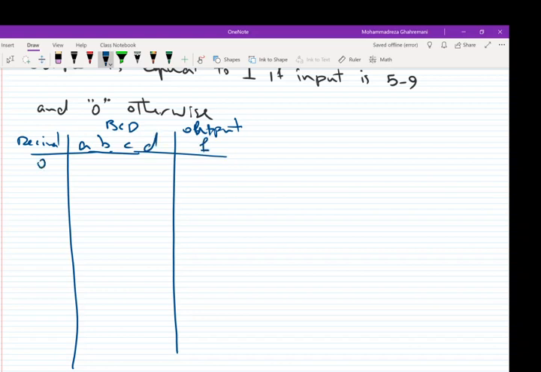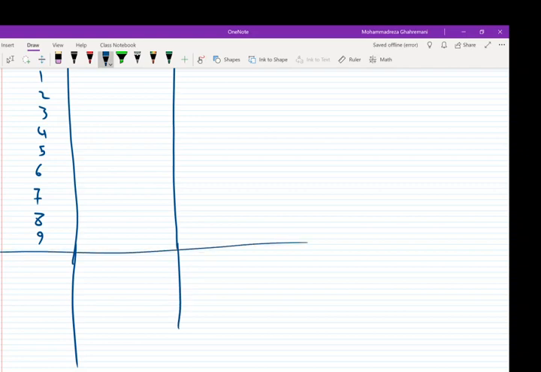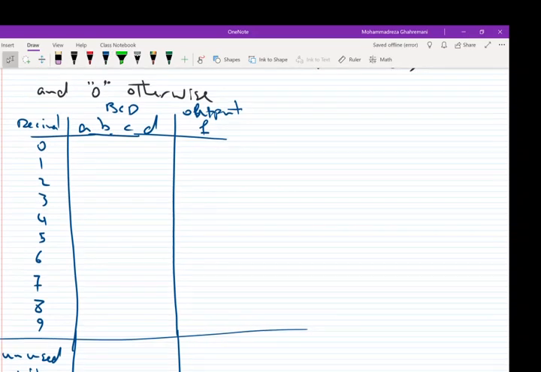Decimal numbers start from 0, 1, 2, 3, 4, 5, 6, 7, 8, 9, and the rest of them are unused bit combinations, because for BCDs we consider the combinations of these 4 bits from 0 to 9.